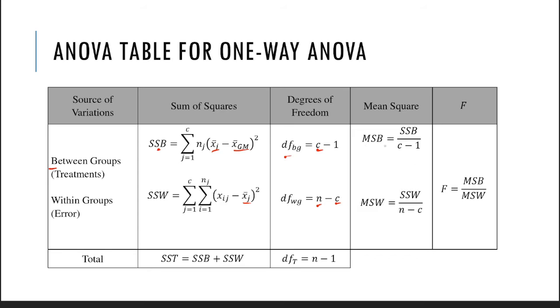Then for MSW or mean square within groups, all we need to do there is divide the sum of squares within groups by the degrees of freedom within groups. Then, saka na natin makokompute yung ating F value. So, ito yung ating F computed.